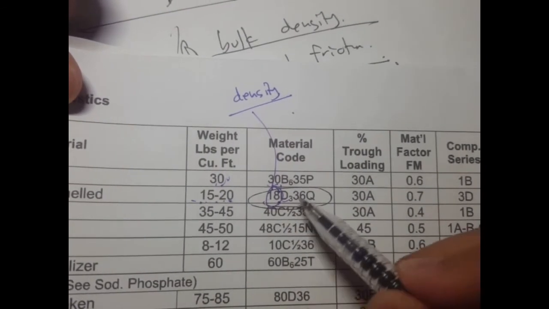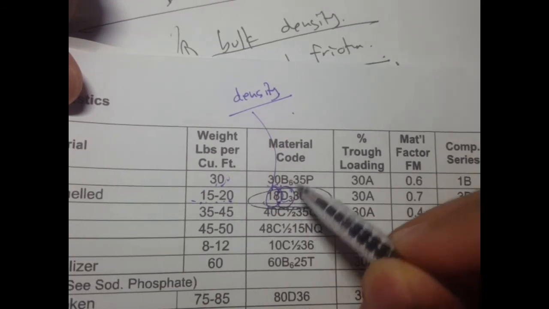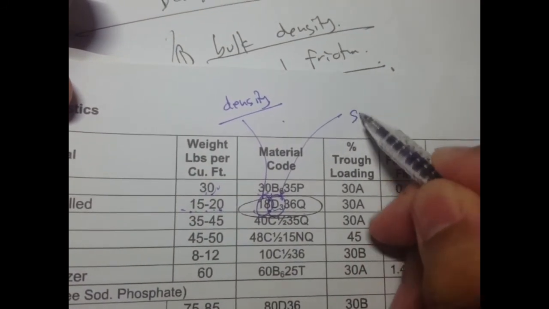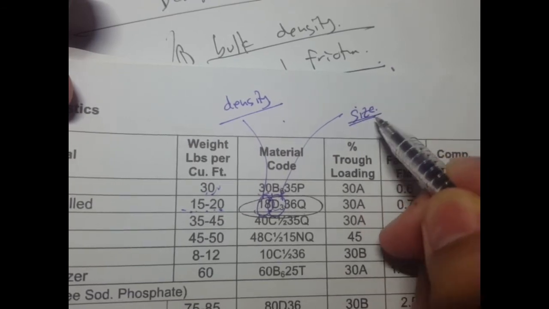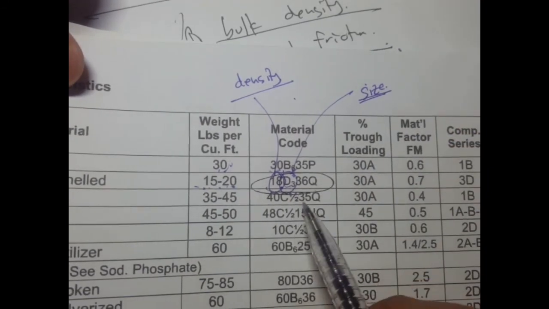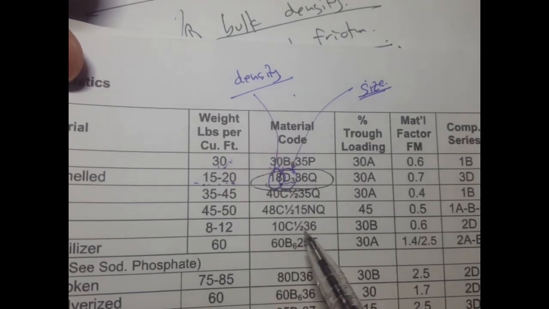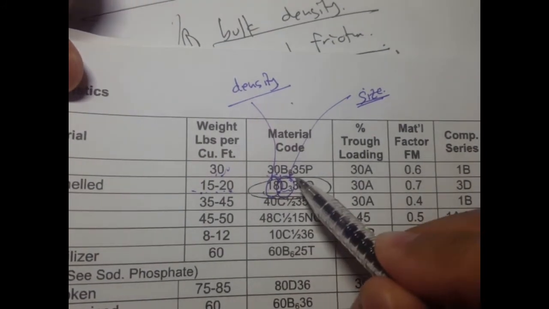And the next one, the D sub 3, refers to the size of the material. So the D sub 3, or C 1/2, or we can have B6, that refers to size.